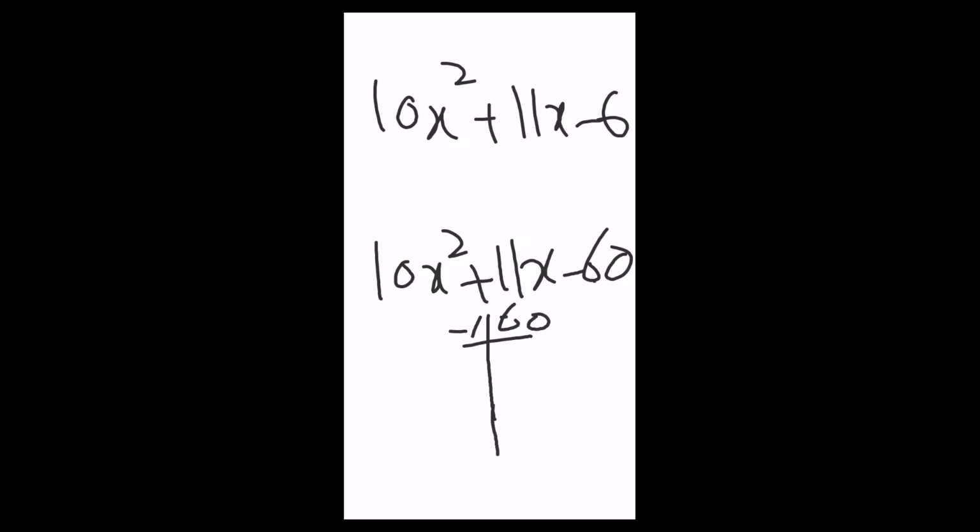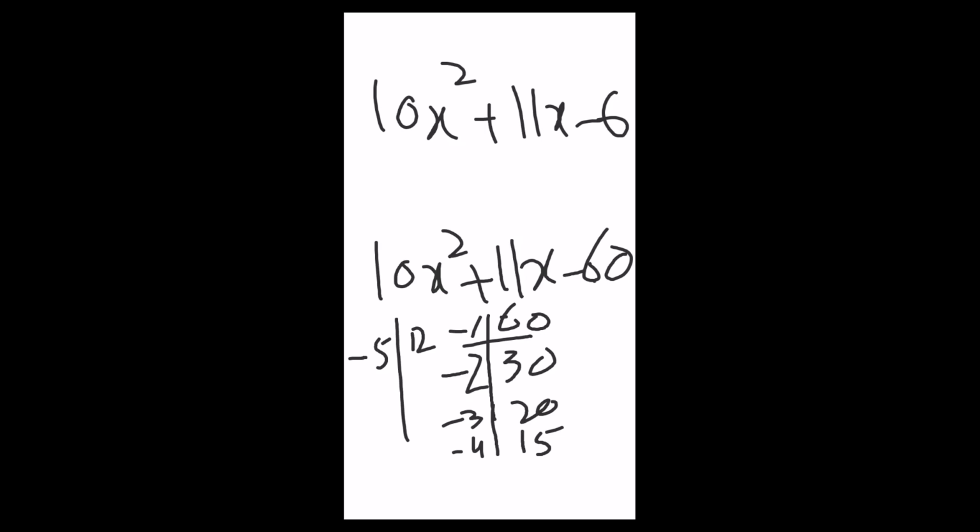Then the next one, minus 2 and 30. Then minus 3 and 20. Then minus 4 and 15. Minus 5 and 12, exactly. Now I think we are enough till here.